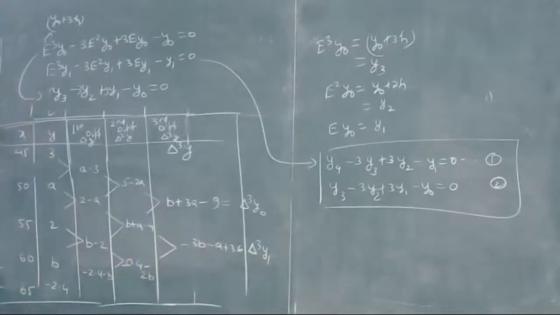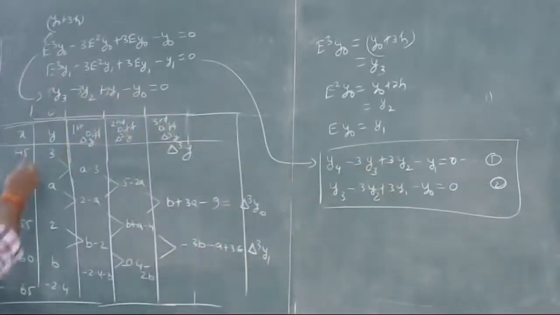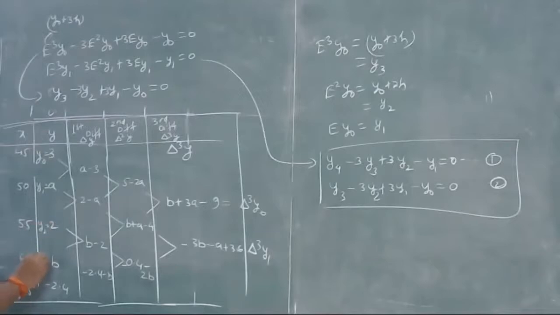Another method you can find with the help of E. Okay, so with the help of E we are getting these two equations. Here, this is y0, this is y1, this is y2, this is y3 and this is y4.